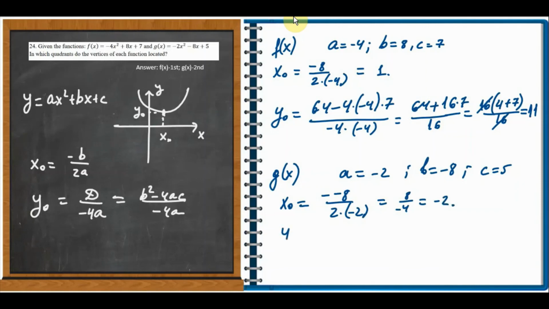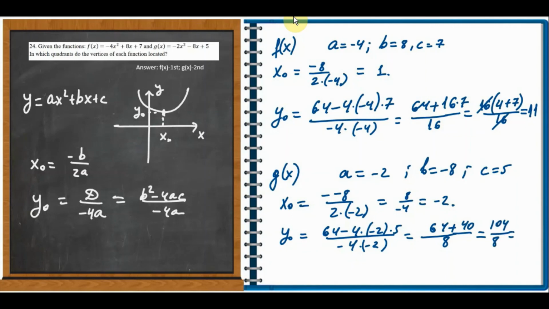And y0 is going to be b squared, which is 64, minus 4 times a and c, over negative 4 times a, negative 2. Now it's going to be 64 plus 4 times 2 is 8, times 5, 40, over 8. Now this is 104 over 8.